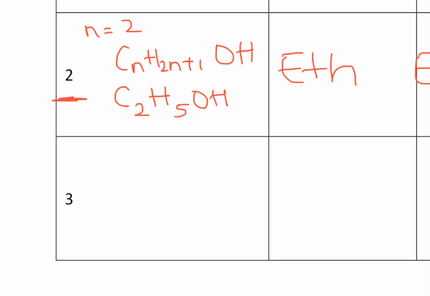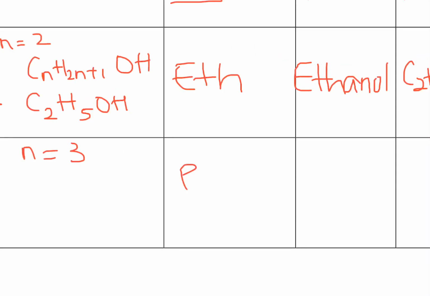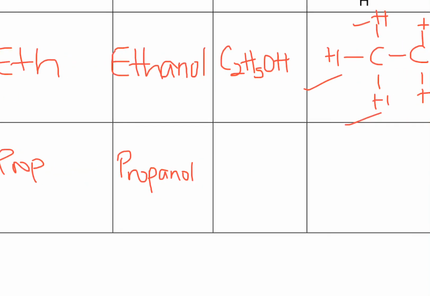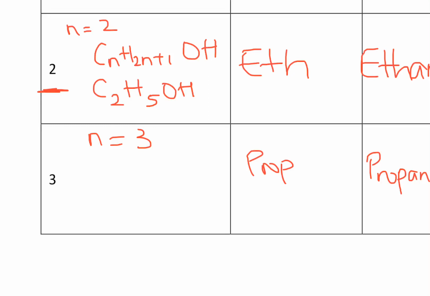Let's see, for 3 carbons, so n is equal to 3, so the name will start with prop, so you will have propanol, and the formula: C3H, 2 times 3, 6 plus 1, 7, OH.